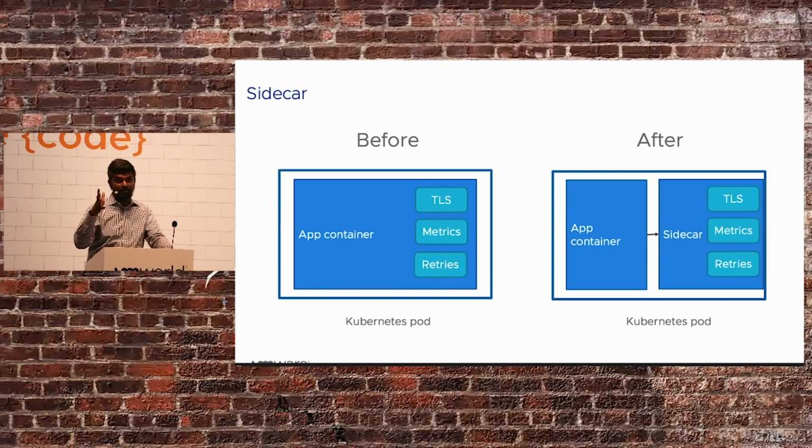Sidecar is exactly what you're imagining. The first time I heard sidecar, I imagined I was on a scooter and there was a sidecar next to me. And that is literally what it is, right? There is another piece of software running inside the pod that is doing all of these non-differentiated functions like what we described. Meaning, can I define TLS, metrics, retries, all of that is defined as part of that sidecar.